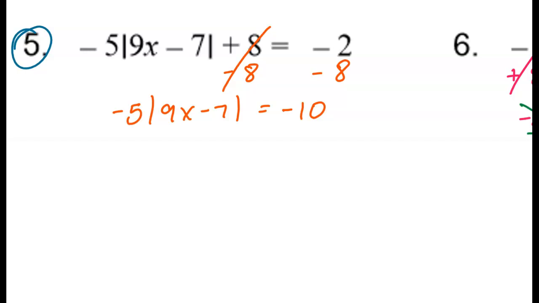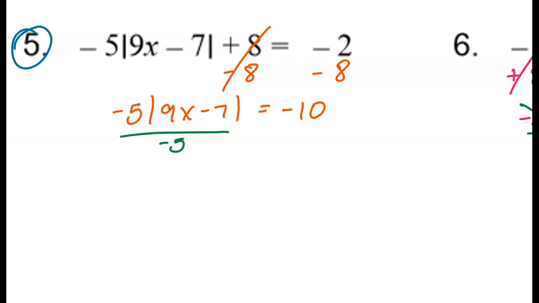Now, is the absolute value all by itself yet? No, what's still with it? Negative 5, by what operation are those joined? Multiplication. So what is opposite of multiplication? And whatever we do to one side, we're dividing by negative 5.